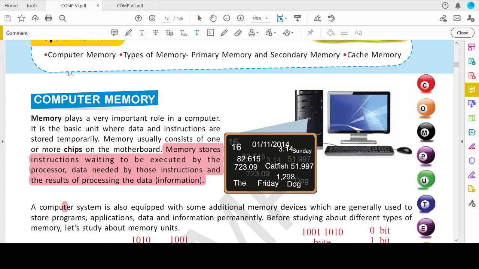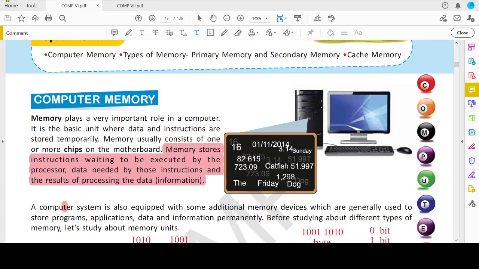So there are instructions which are loaded into the RAM of this computer due to which this is running. There is a particular kind of interface. You can see the file menu, edit menu, view menu, sign, window, help, all these are there.